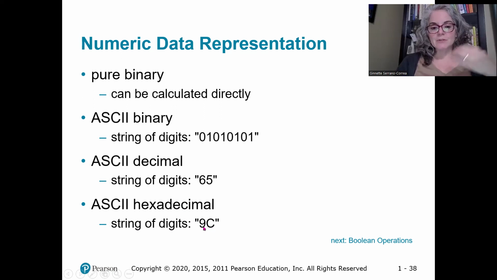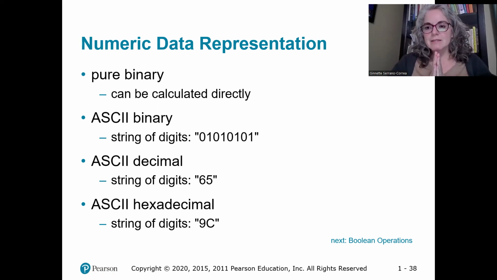So we cannot add or subtract from 9C because it's in its string format. Anything that has a double quote is always representing a string. We are going to find out that in ASCII, we can use double quotes or single quotes, or apostrophes, to show a string. We can use either one of those.